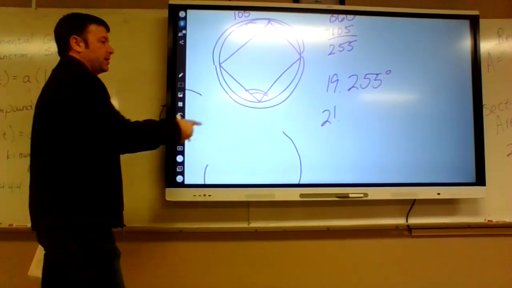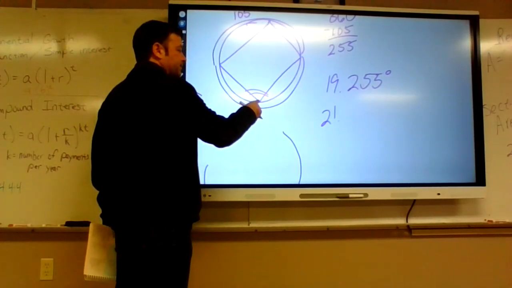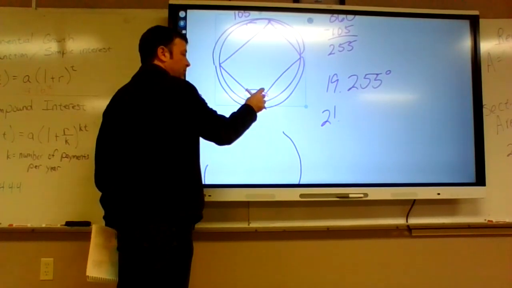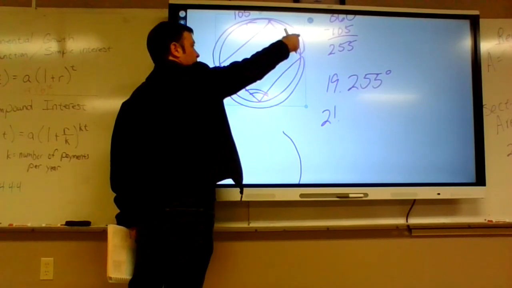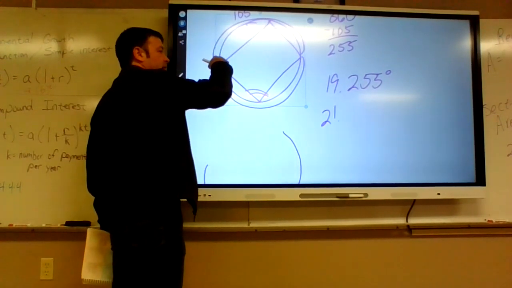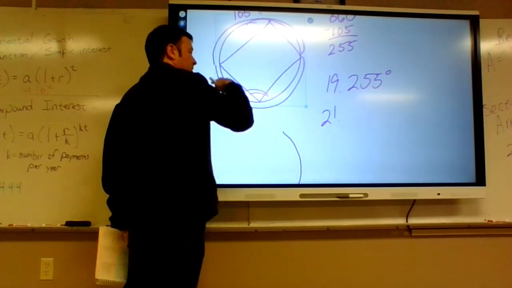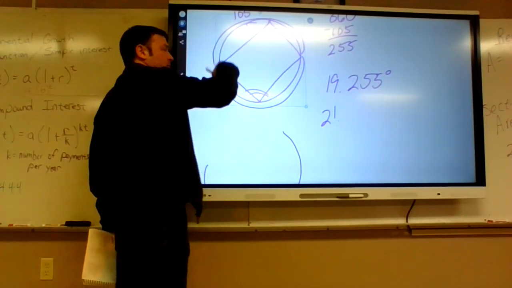360. Okay. What kind of angle is this, by the way? It's on the side of the circle. Inscribed. And how is an inscribed angle related to its arc? Half. So this angle would be half of this, this angle would be half of this. Together they're half of the whole circle.